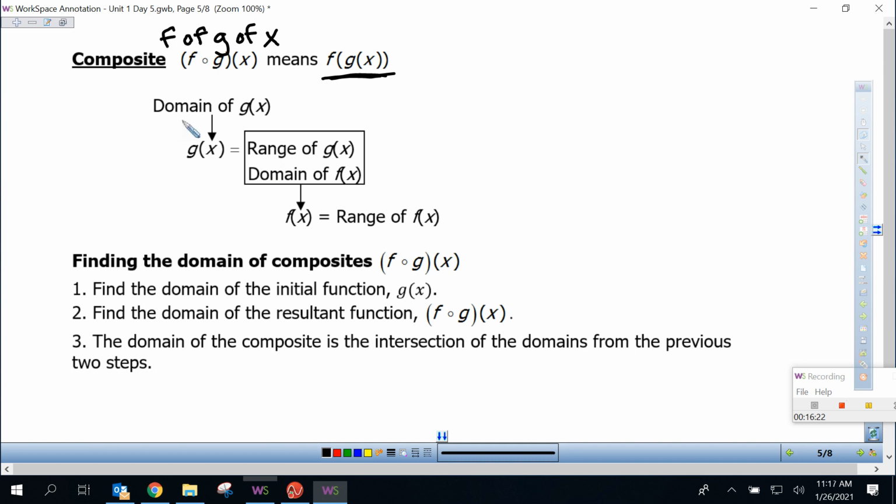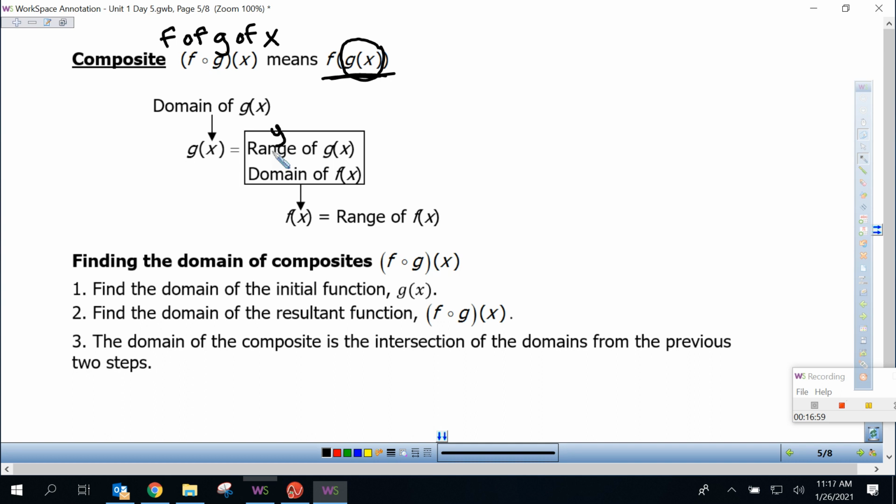So we are going to take the domain of g of x. So g of x is our innermost function. And what does domain mean? X value. So when I'm working this problem, I am going to input an x value. So when I put in an x, my answer will be what? A y. So once you work your equation, you will produce a y value. So range means y. We put in an x, so x is our input.